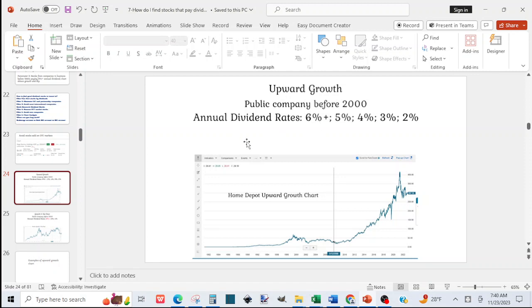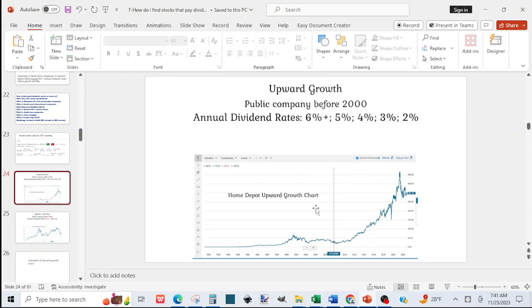And again, it's for when you are ready to invest. You want to find those upward trend companies on your spreadsheet that pay 6%, invest in them first, and then find the ones that pay 5%, invest in them second, and then the ones that pay 4%, invest in them, the ones that pay 2%, invest in them, and so forth upward.